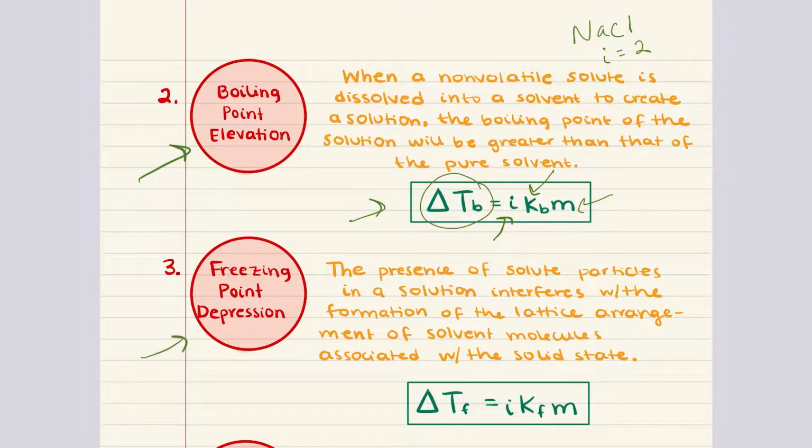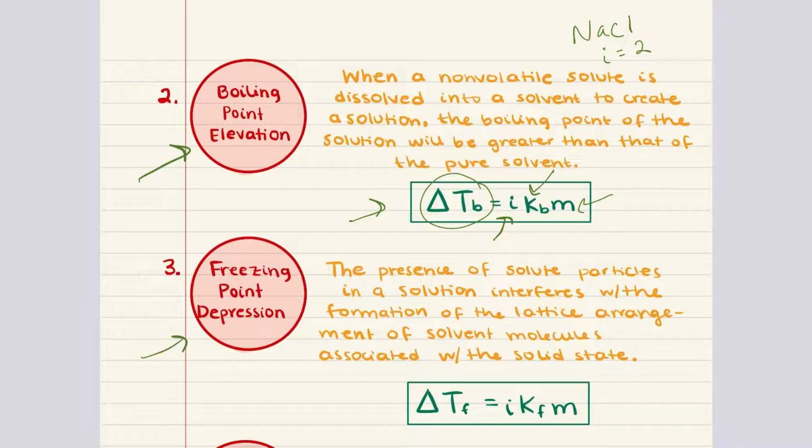What about freezing point depression? Freezing point depression occurs when a non-volatile solute is added to a solvent, lowering the freezing point of the solution relative to that of the pure solvent. Now, this happens because the solute particles interfere with the formation of the solid structure of the solvent, requiring a lower temperature to achieve the phase transition.